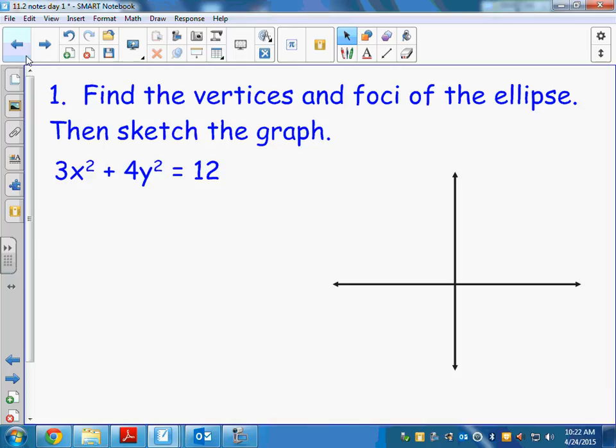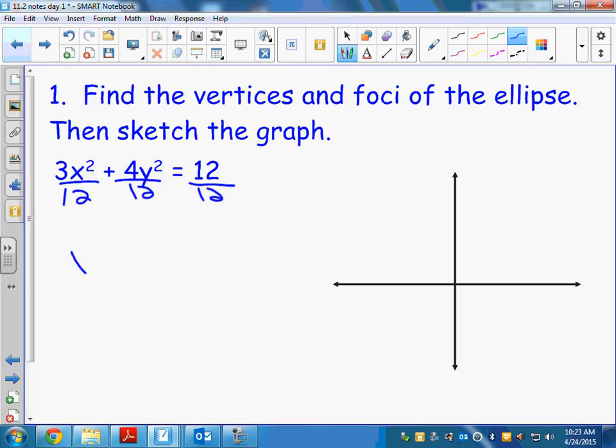But if I want this equal to 1, do you agree I could divide everything in here by 12? And I would get that. That's an equation of the ellipse.